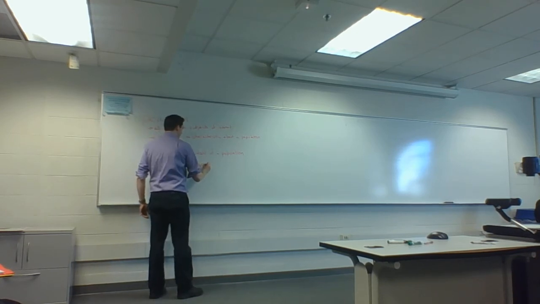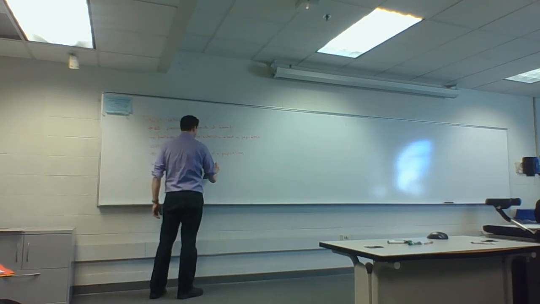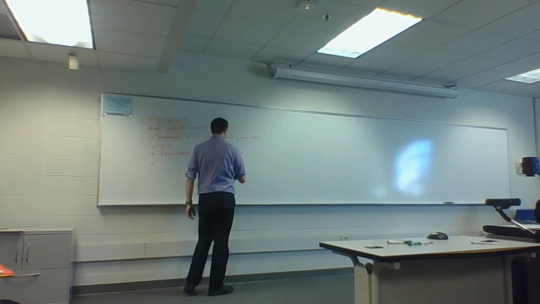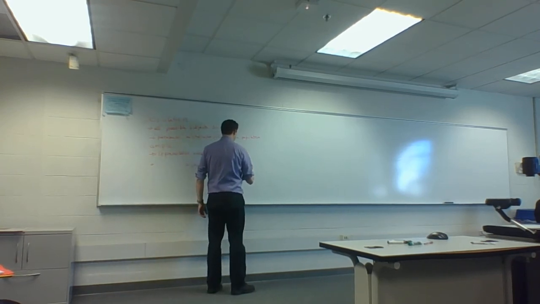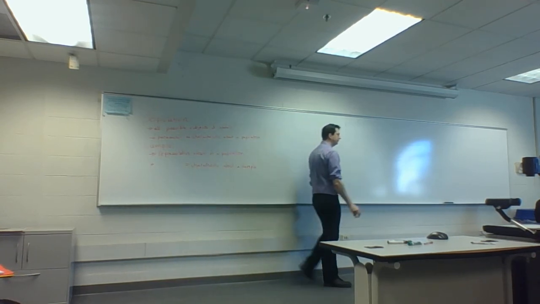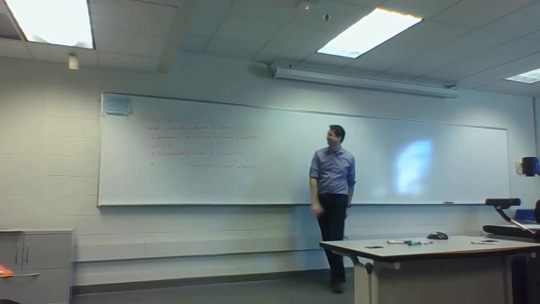A parameter is a characteristic about a population. What do you suppose a characteristic about a sample is called? It's a statistic.